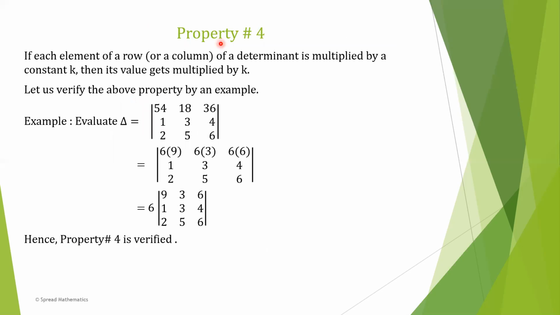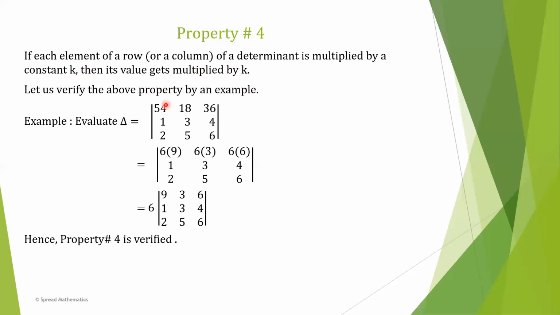Now property number 4. If each element of a row or column of a determinant is multiplied by a constant k, then its value gets multiplied by k. Let us verify the above property by an example. Evaluate this.